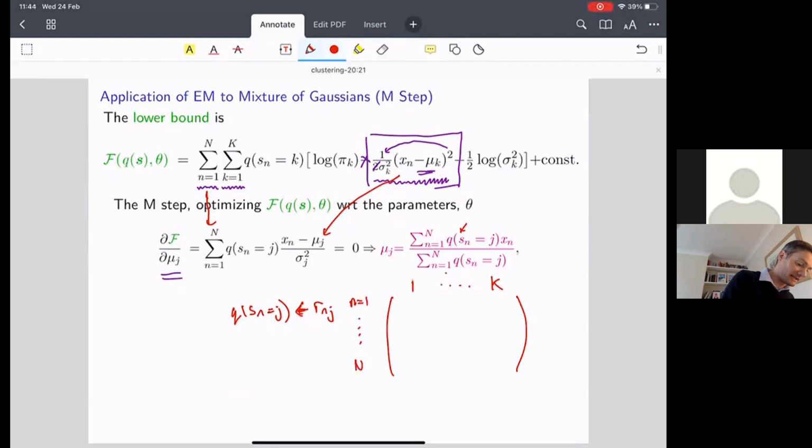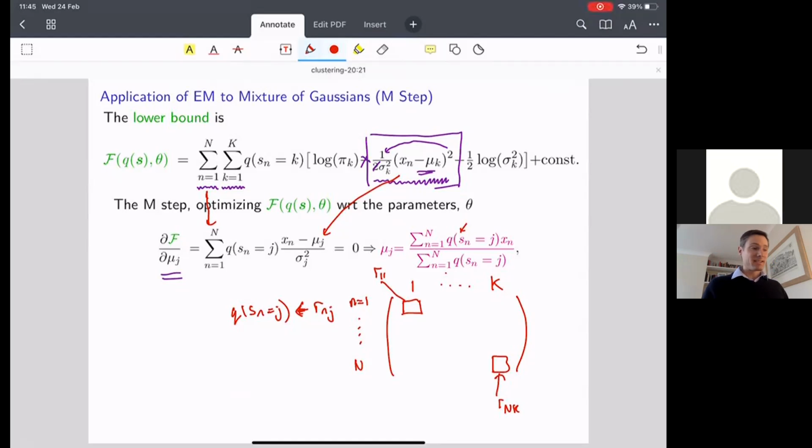Each entry, so this might be R_11, tells us how likely data point 1 is coming from cluster 1. And this entry, R_nK, is how likely data point big N comes from cluster big K. The rows must all sum to 1 here.